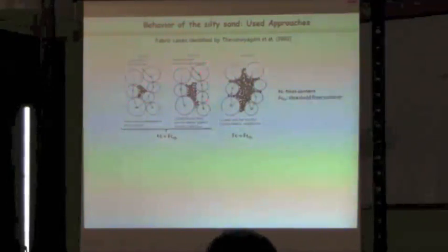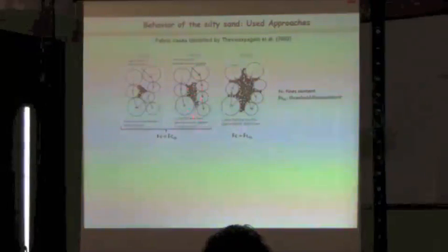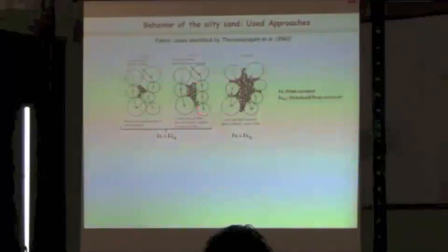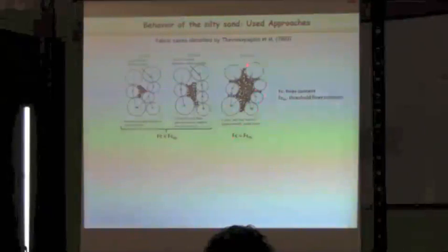A second type, in which the fines fit in the void and are situated between the coarse grains, so they start to participate in the forces and in the shear resistance of the soil. They start to be active. And the third case, where the fines occupy all the void and have an equal role as the coarse grains.